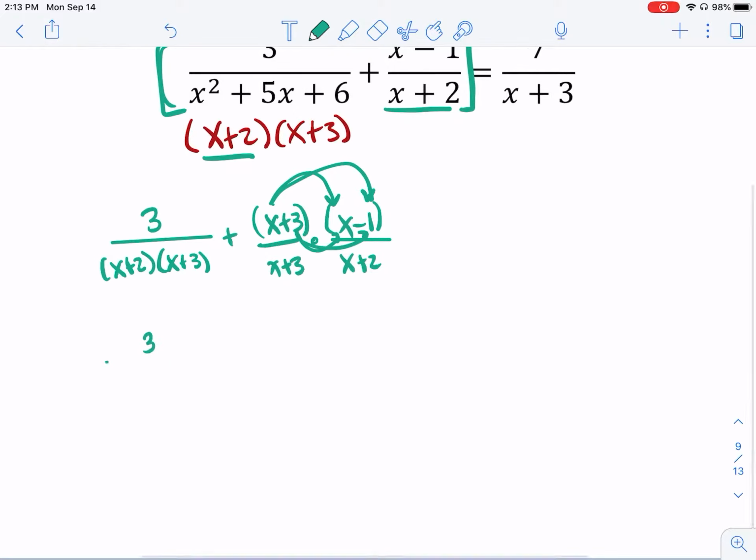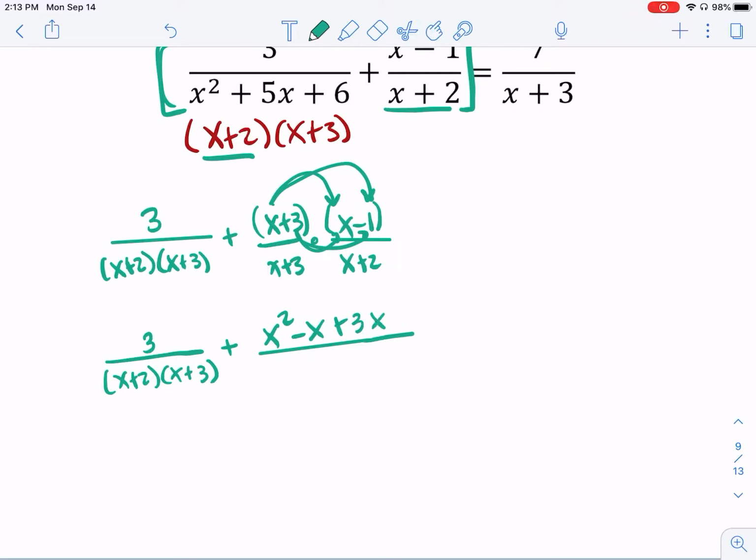So once again, my 3 didn't change. This one did become, however, x times x is x squared. X times -1 is -x. 3 times x is 3x, and 3 times -1 is -3.